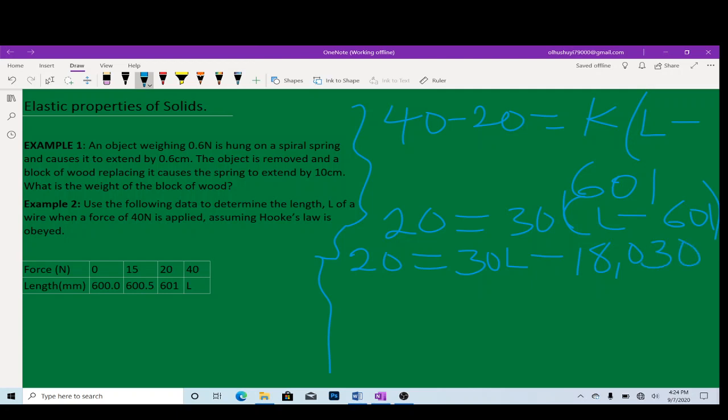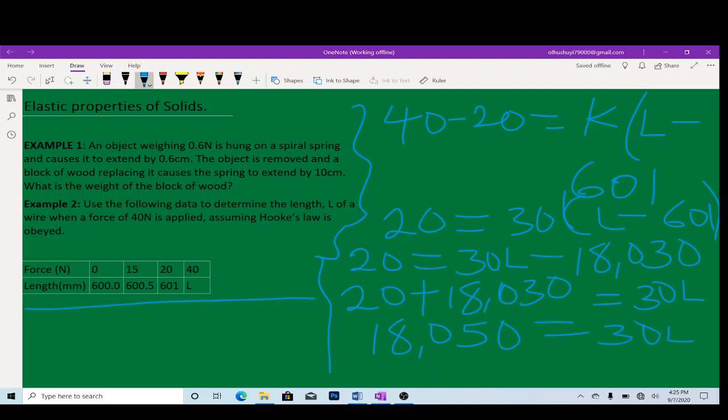So what do we have now? You have 20 plus 18,030 equal to 30L. So this plus 20, you have 18,050 is equal to 30L.